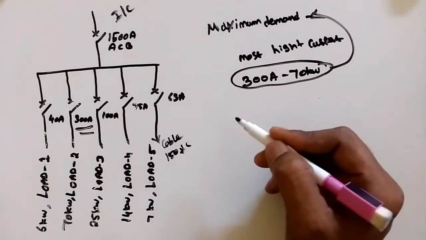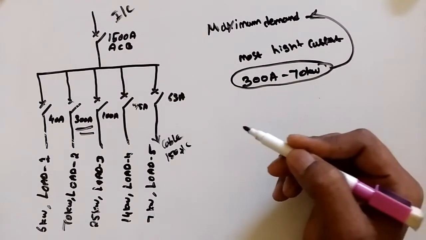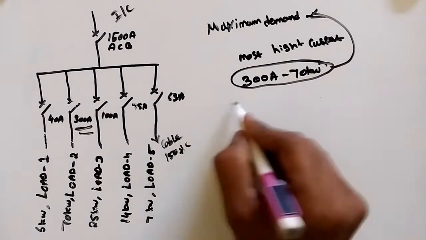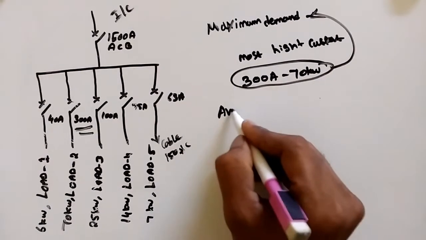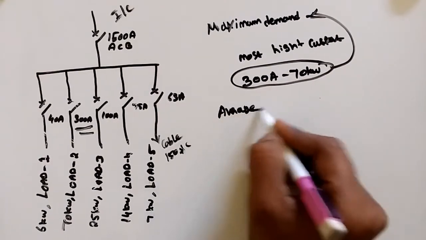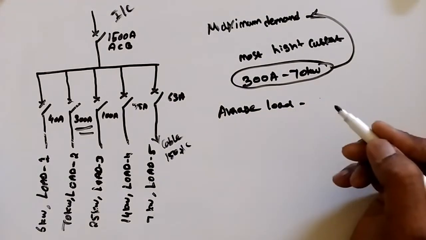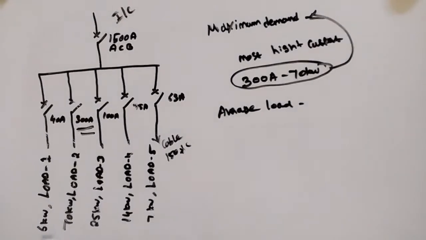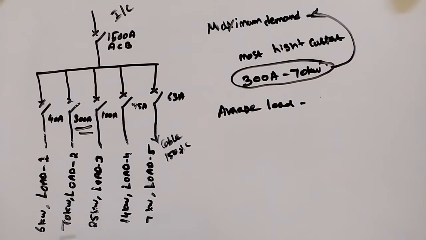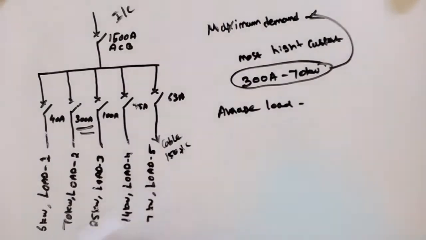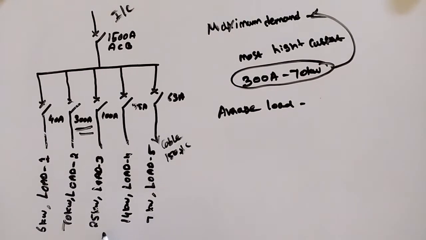Okay, then the next one, average load. Average load means the sum of loads divided by the number of loads. Just see here, 6 kilowatts, 70, 25, 14 and 7.